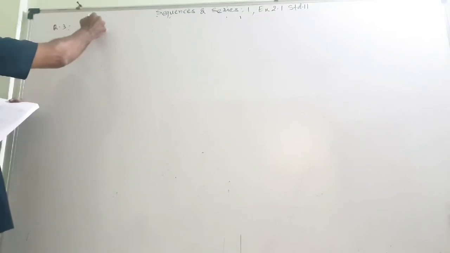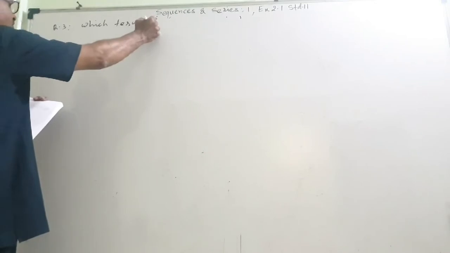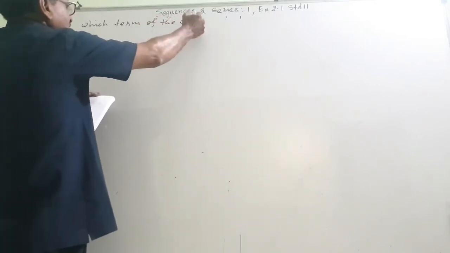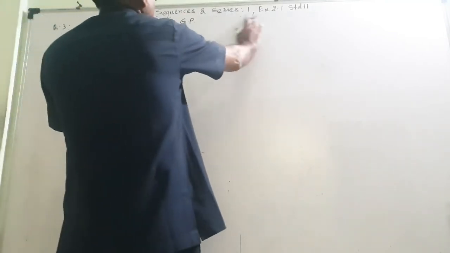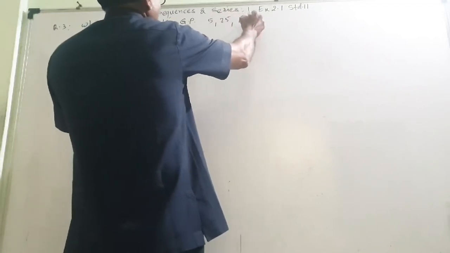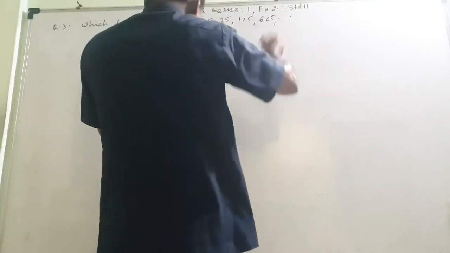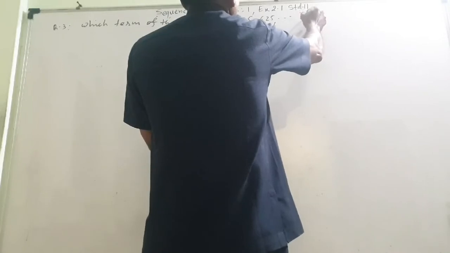Which term of the GP 5, 25, 125, 625 and so on is 5 raised to 10?